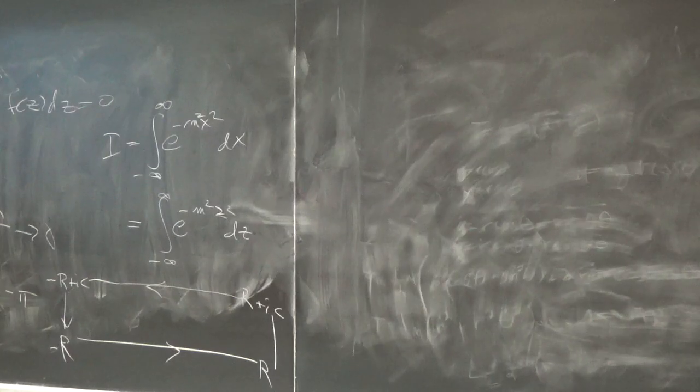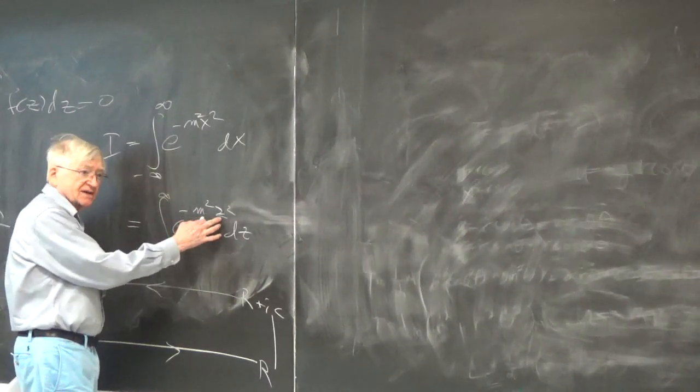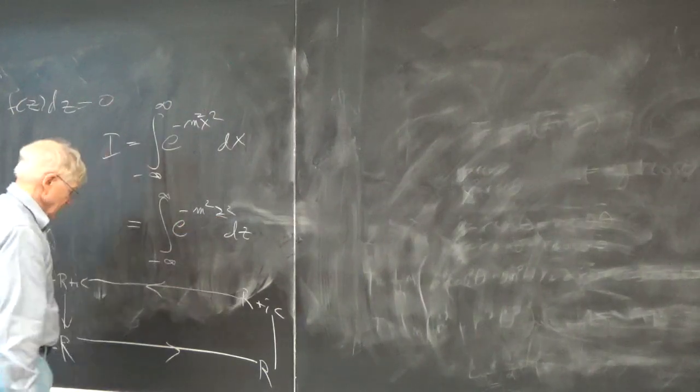Now, this function, e to the minus m squared z squared, is certainly analytic.